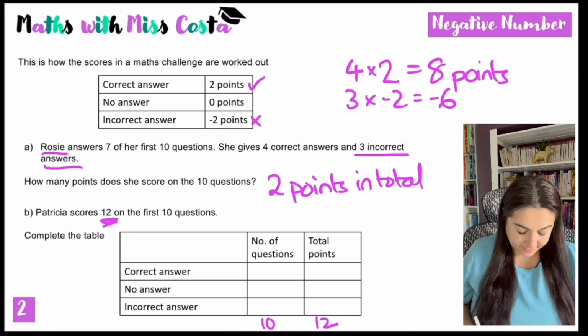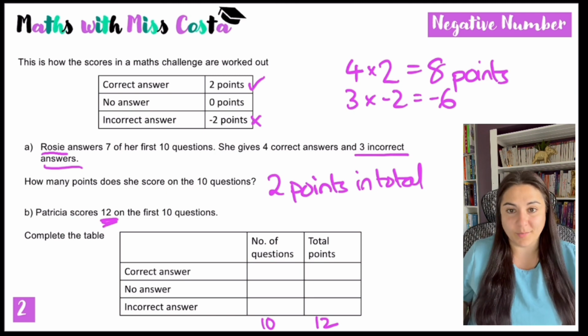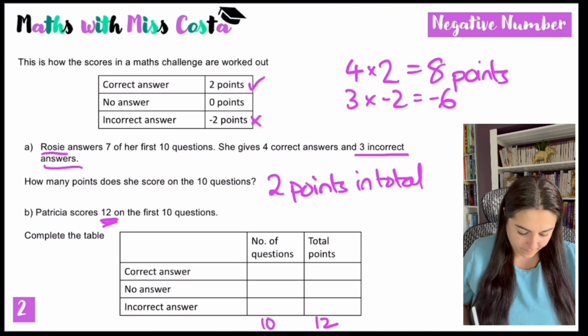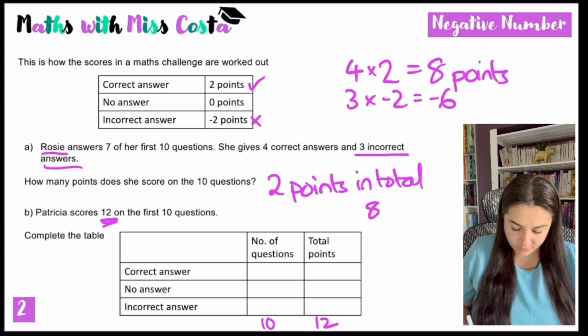In order for her to have got 12, she must have answered some questions correctly. Otherwise, there's no way that she could get a positive score. So we could try guessing. Let's guess with 8. So if she scored 8 correct, that would be 16 positive points.